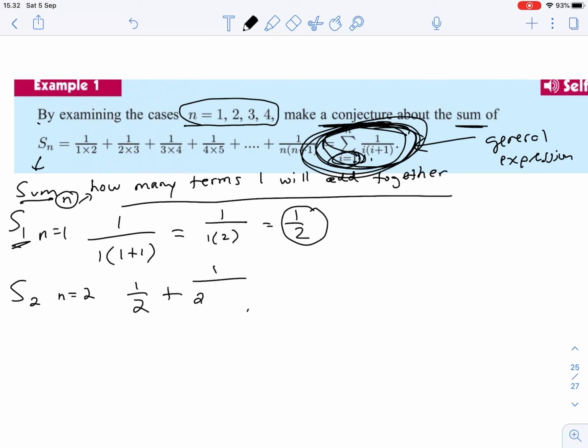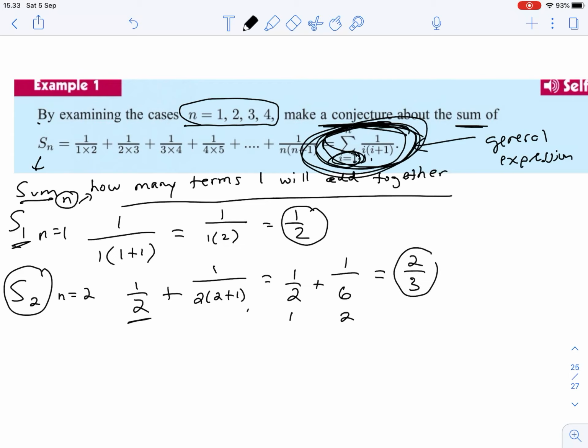The next one, you just substitute 2 into this expression, 2 times 2 plus 1, and that is equal to 1 over 6. So again, I'm just rewriting this, plus 1 over 6. So I want the sum of my first two terms. Here's my first term, here's my second term. And the sum of those two terms is going to be, you can do that quickly in your head or off to the side, 2/3. All right?